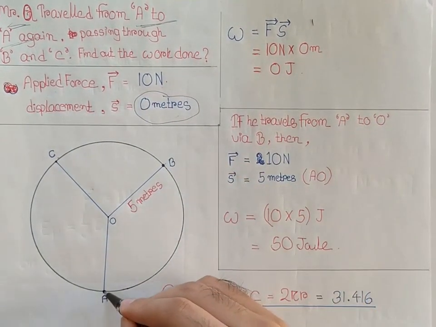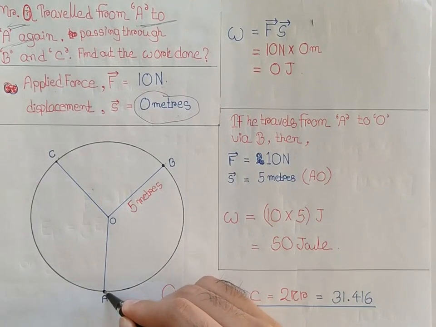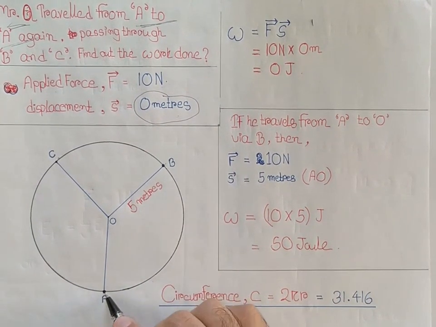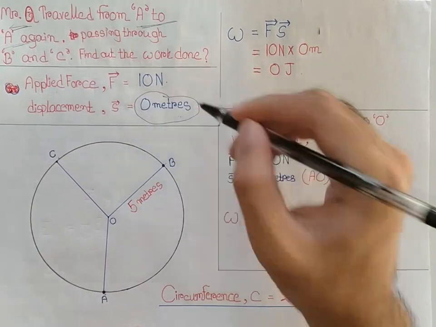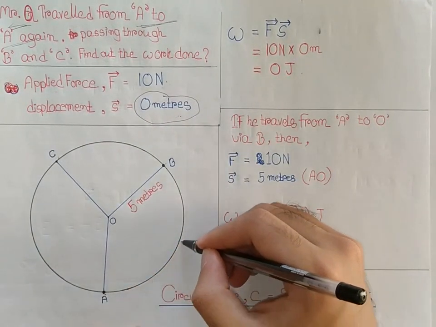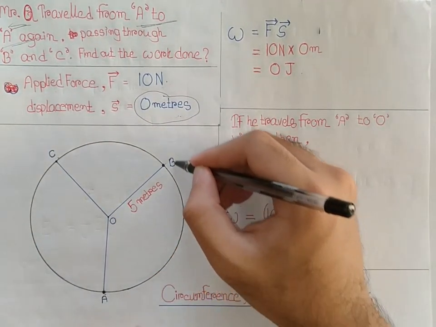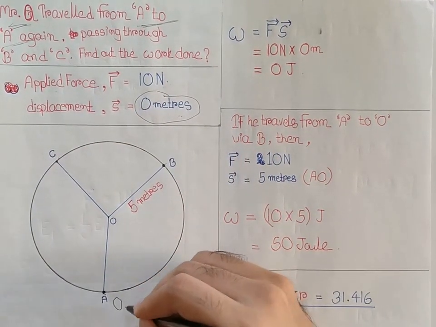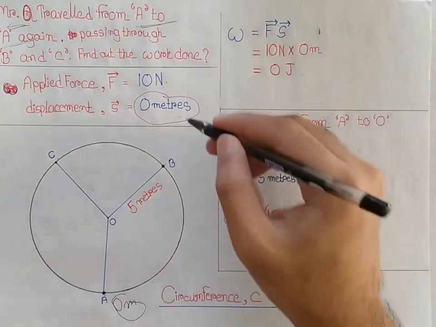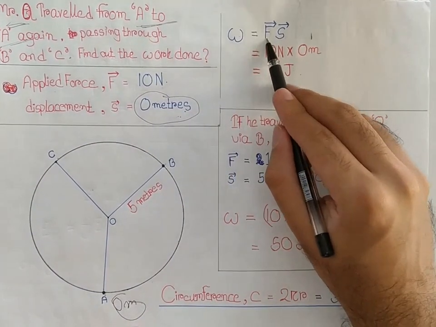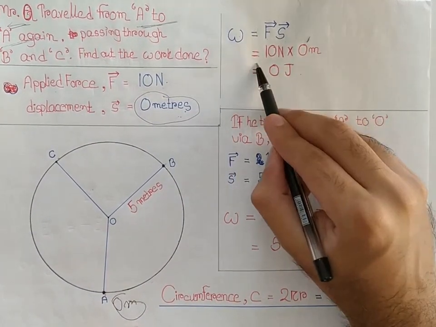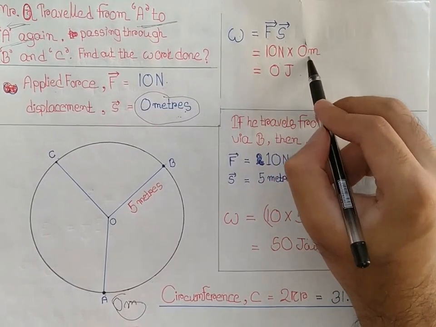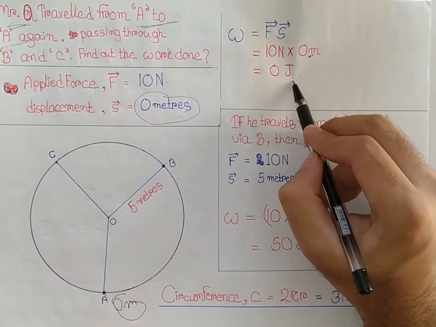Because the distance between point A and point A is 0. No matter the person Mr. Q traveled the whole circle, his displacement is 0 meter. So work done equals to force into displacement equals to 10 Newton into 0 meter equals to 0 joule.